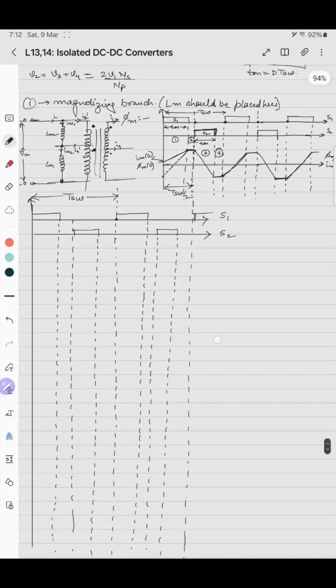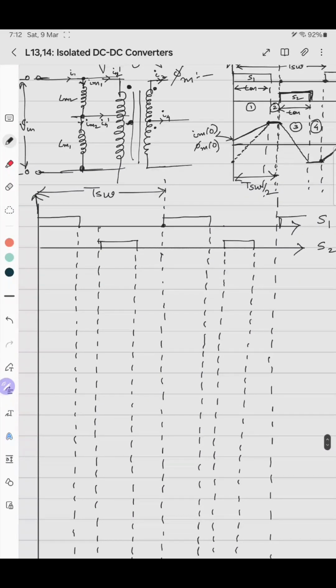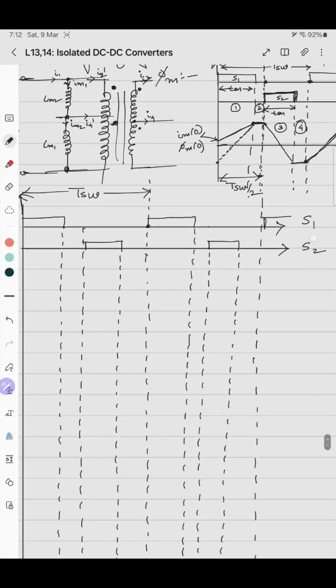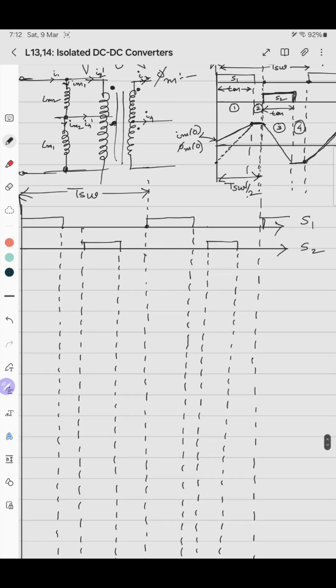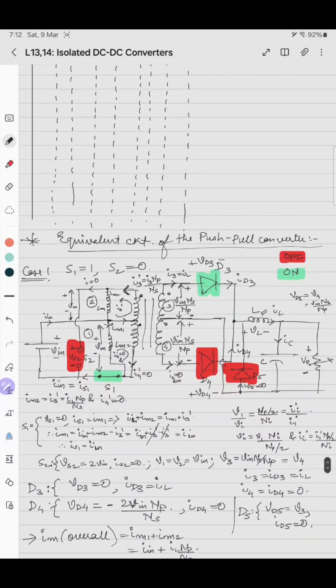So here I have drawn the waveforms of S1 and S2. Here you can see that instantaneously S1 is on, S2 is off, then S1, S2 both are off, then S2 is on, S1 is still off, and then again both are off, and then this cycle keeps on repeating. And we have already discussed that S1 and S2 can't be turned on simultaneously. So just a quick overview. So we'll see the first case.